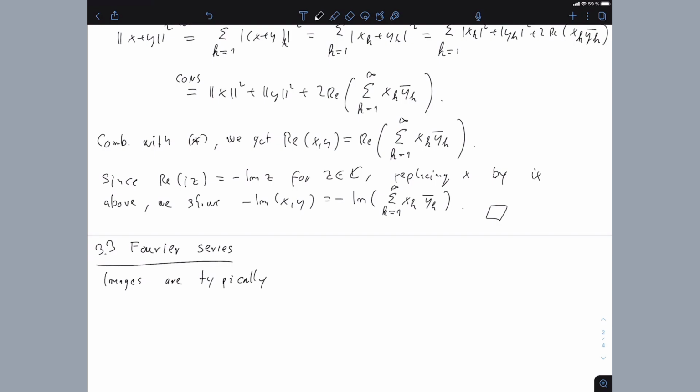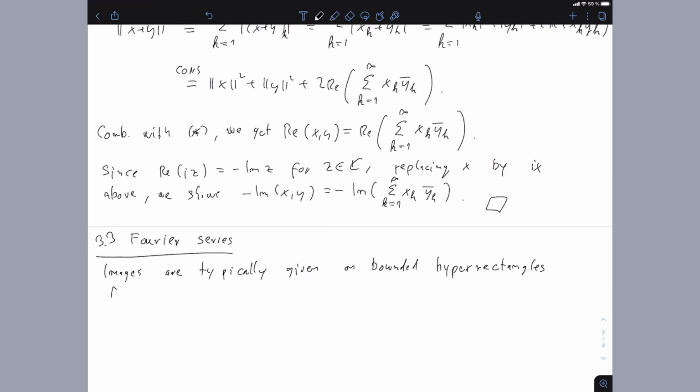But now we want to restrict this to functions that are given on hyperrectangles. So rectangles in 2D, for instance, exactly how images would be. So images are typically given on bounded hyperrectangles. And this is just a fancy word for the tensor product of intervals.